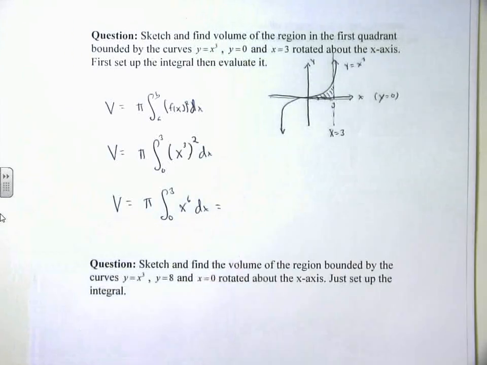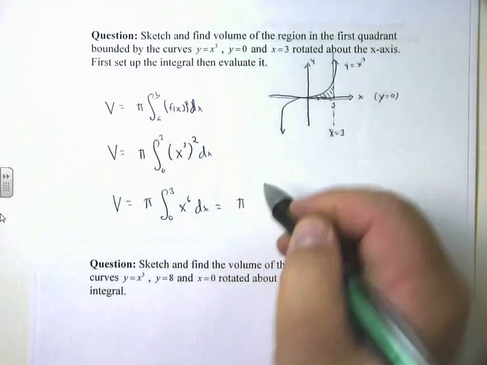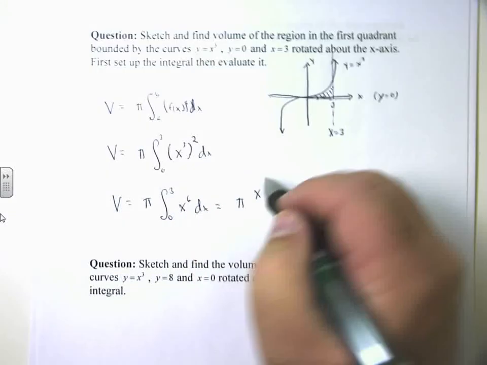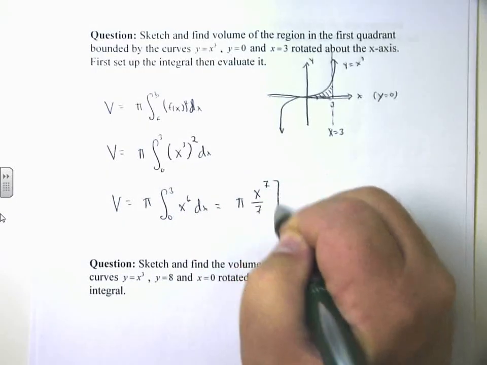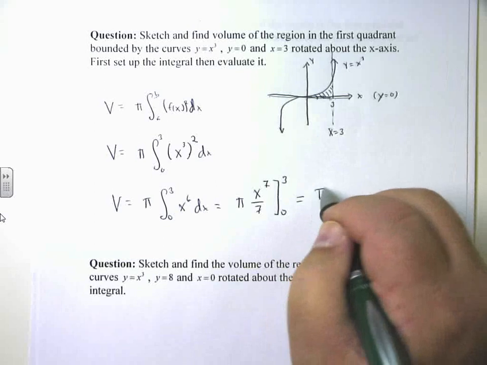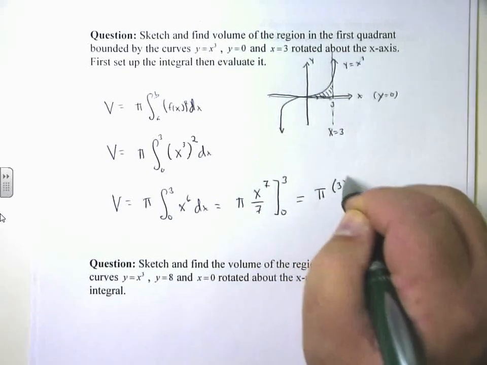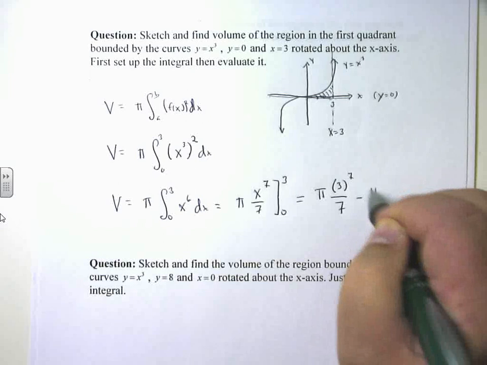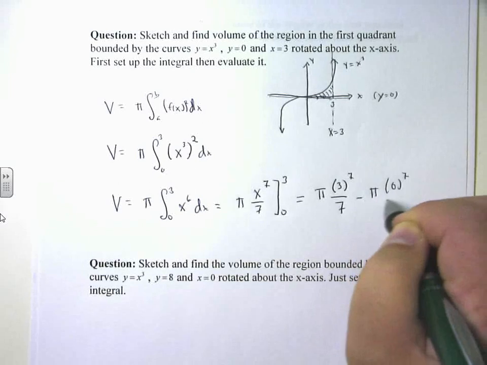And then I would integrate, so this will be pi times, pi is a constant, leaves out front, the integral of x to the 6 is x to the 7 over 7, evaluated from 0 to 3. And then I plug in top minus plug in bottom, fundamental theorem of calculus. That'll be 3 to the 7th over 7 minus pi times 0 to the 7th over 7.